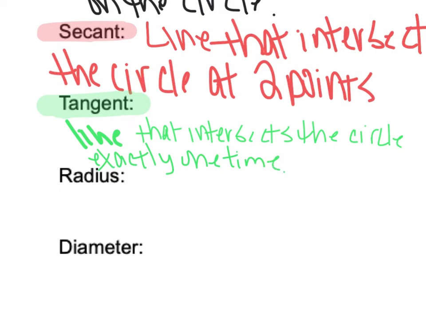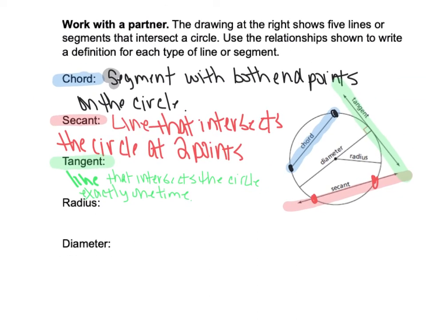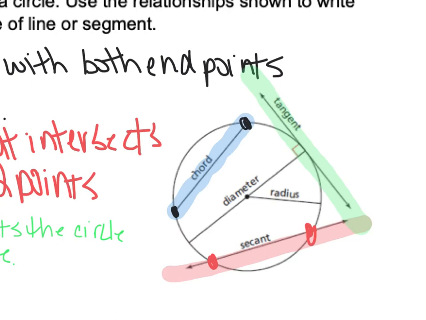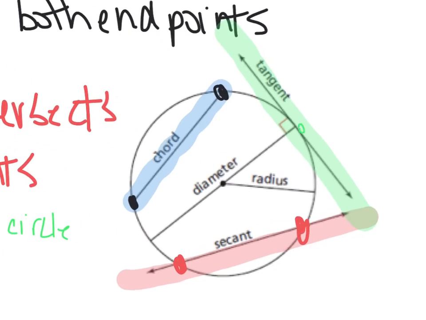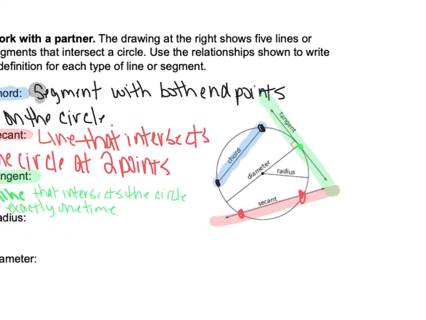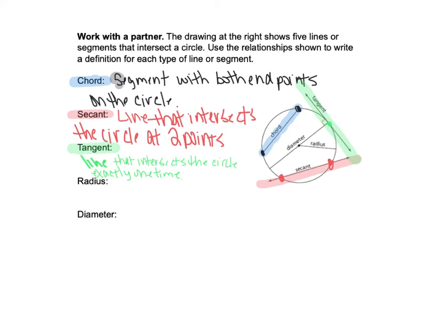Our tangent line is going to be on the outside of the circle, and it intersects it exactly once. If you zoomed in really close, you would see that it is only one place that the tangent is intersecting the circle. It's kind of like sitting a ruler on a basketball, and it only hits the basketball at one specific spot. It's the same basic idea.